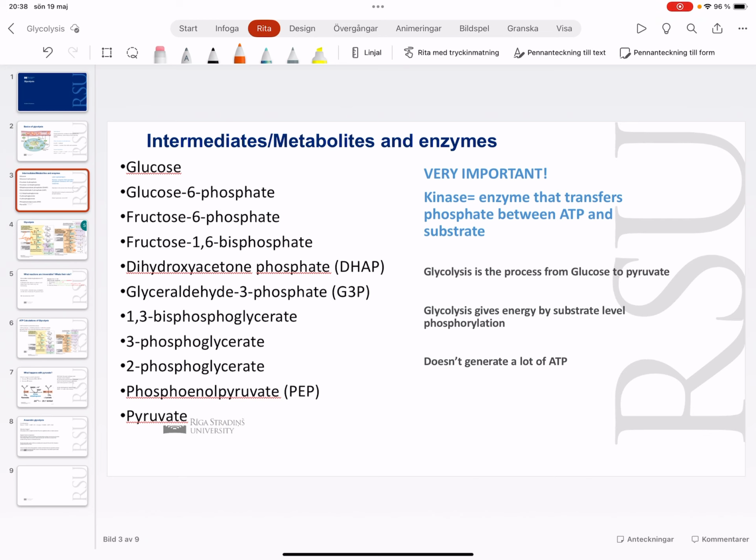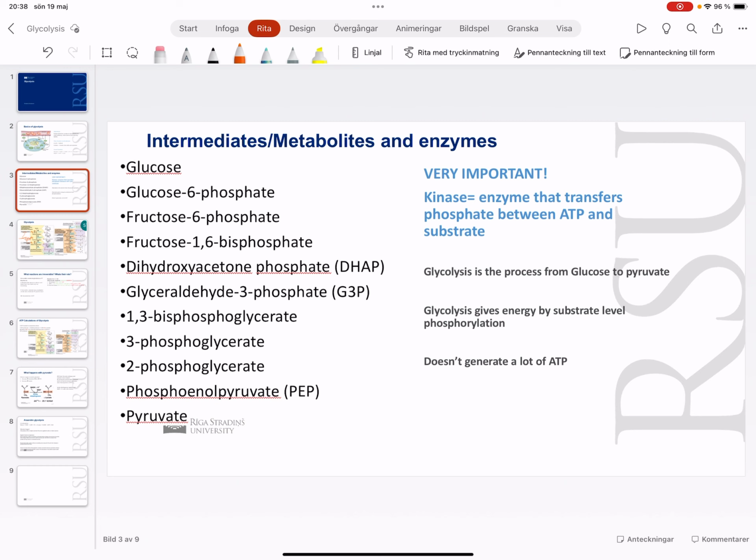Intermediates, metabolites, and enzymes of glycolysis. An intermediate is really any molecule that takes part in this breakdown, in this pathway, and there are 11 of these metabolites. Glycolysis just describes how glucose goes from glucose to this, and then to this, and then to this, until you get to pyruvate, which is the end goal.